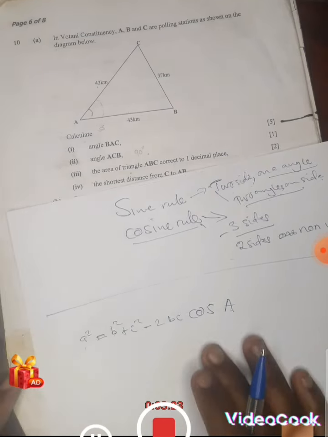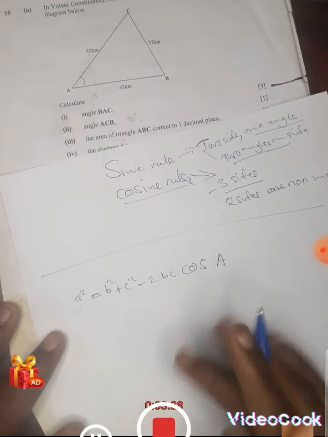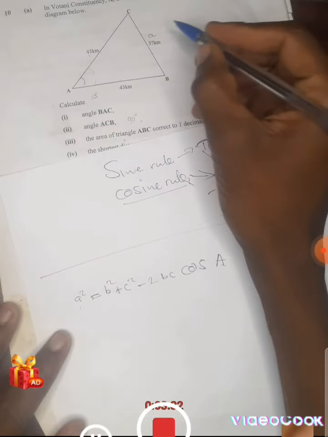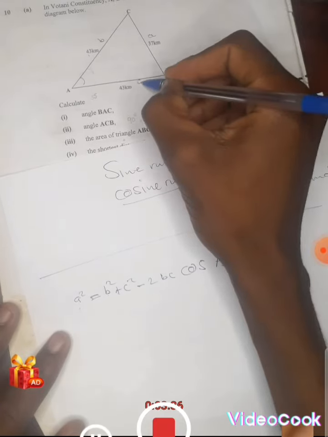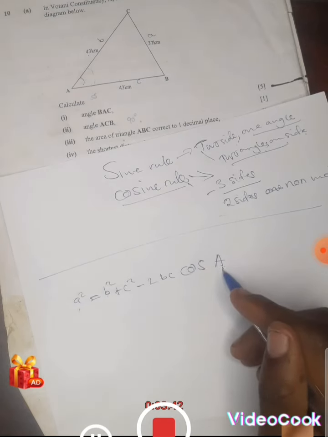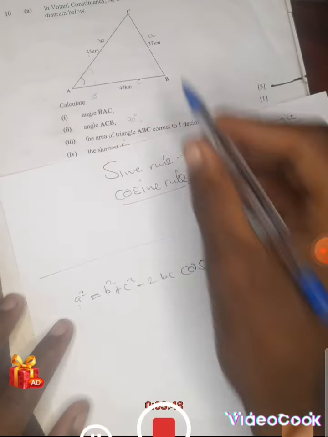So we start replacing what we have on the formula. In this case, a is opposite to this side, this is why it is the small letter a. b is opposite this side, and c is opposite this side. So the small letters represent the sides, and the capital letter represents the angle. Okay, so for side a, it is 37.